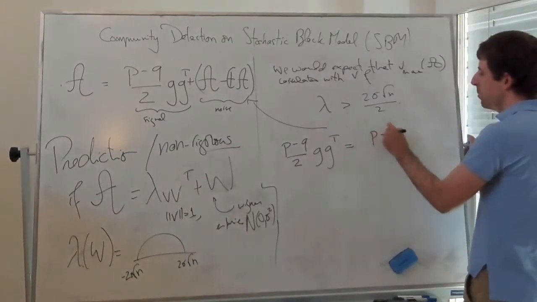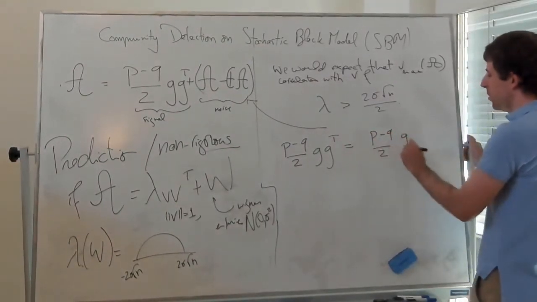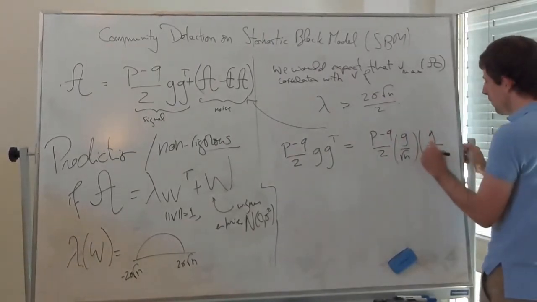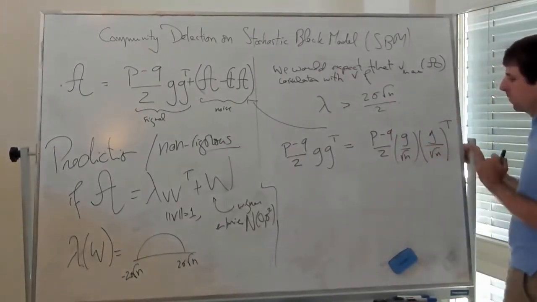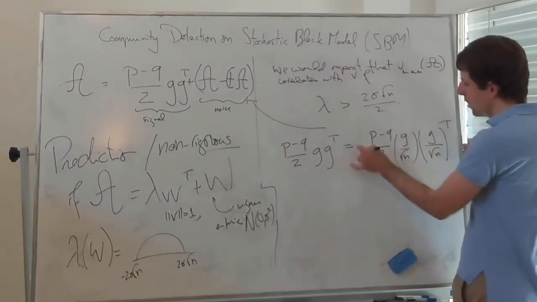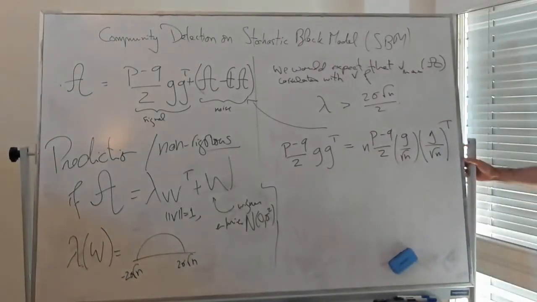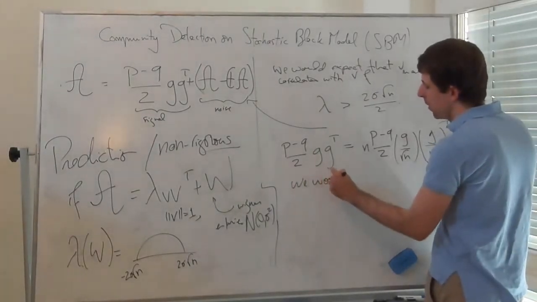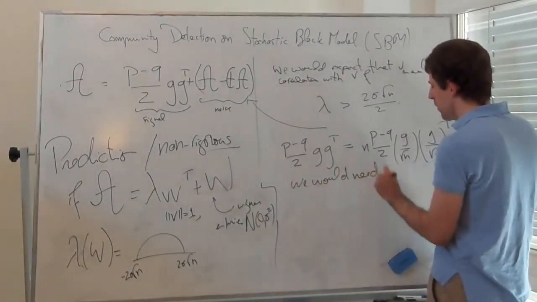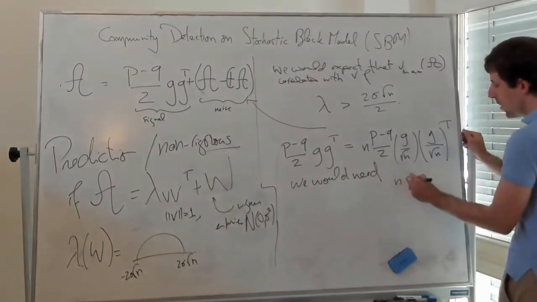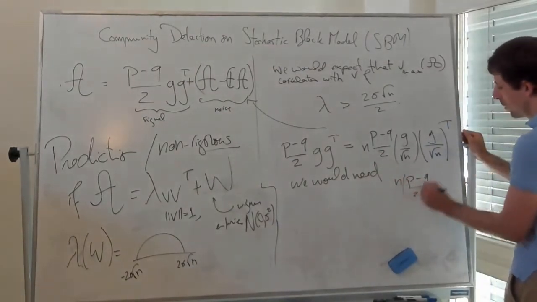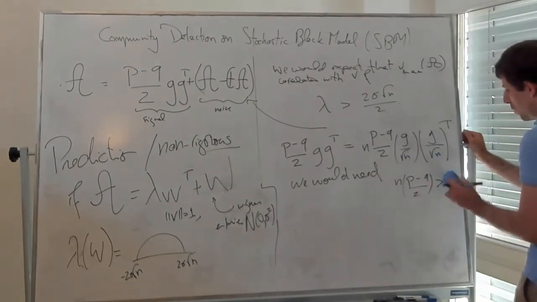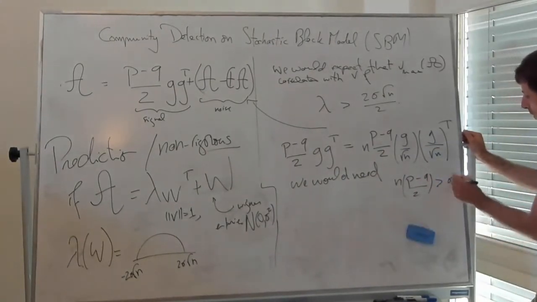So we would need P minus Q over 2 times G over root n, because G is plus or minus 1, so it has norm root n. Since we divided by root n twice, we need to add an n here. So we would need that n times P minus Q over 2 is bigger than sigma root n.